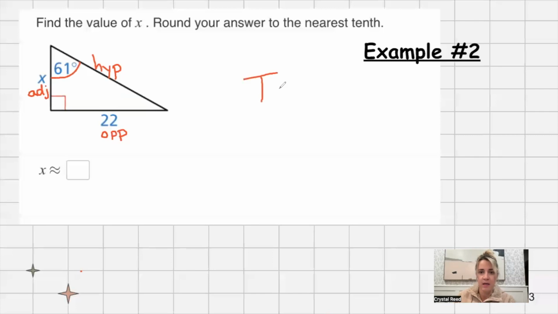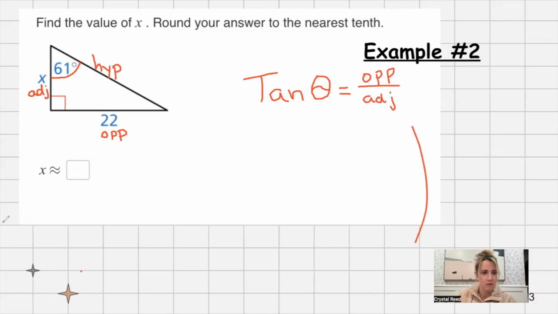So again, just a reminder, the ratio for tangent of an angle is the ratio of the opposite side to the adjacent side. Okay, so let's just plug all this in here. What we're trying to find here is the tangent of the angle we know, which is 61 degrees.